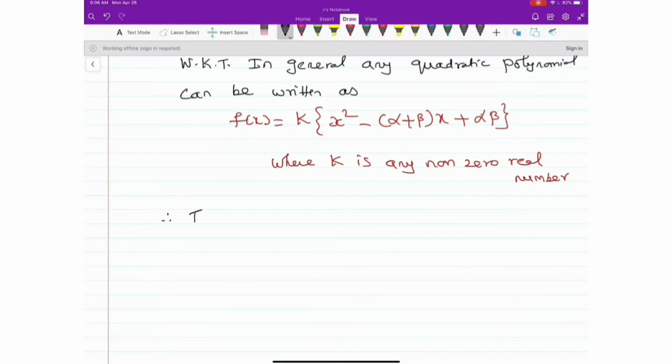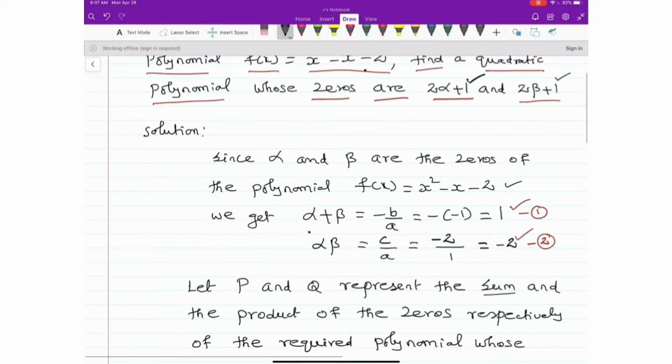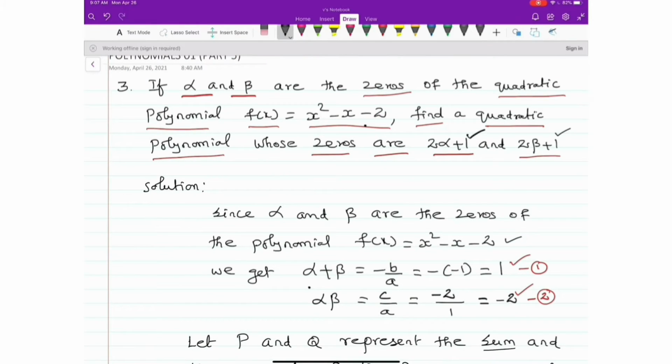Therefore, the required quadratic polynomial is already the given polynomial, they mentioned this f of x is equal to x square minus x minus 2. See here.